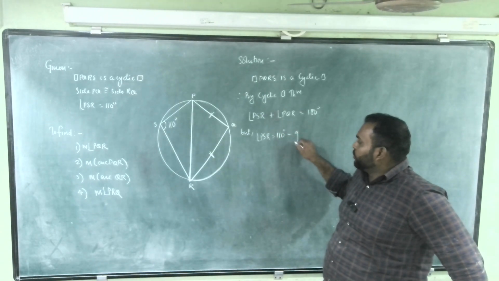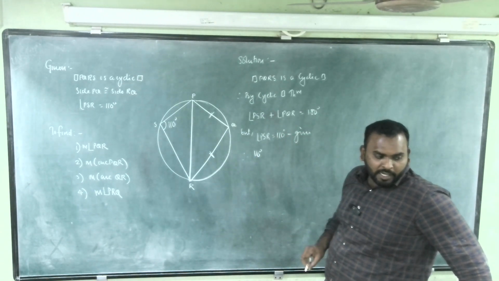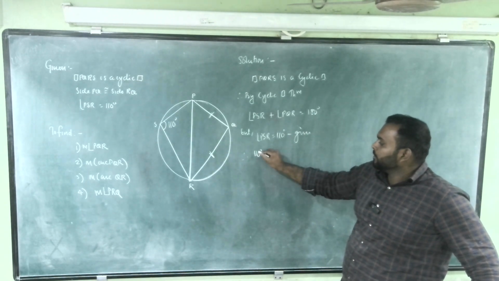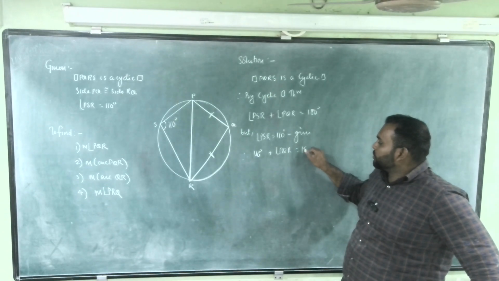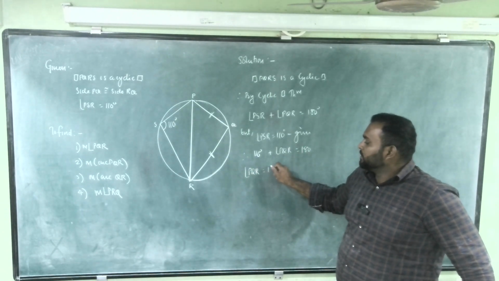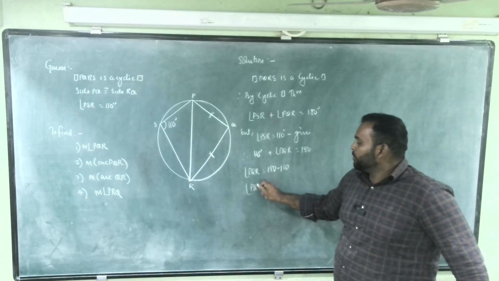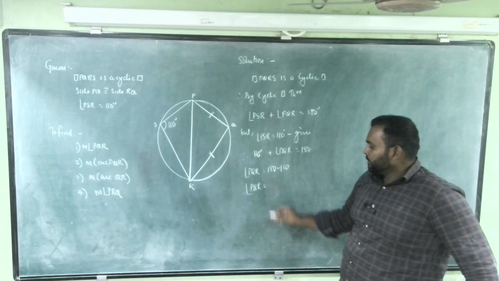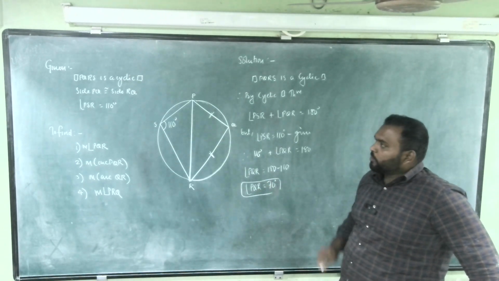This is given to you. तो तुम क्या करोगे? PSR के जगह पे 110 plus angle PQR is equal to 180. So angle PQR is equal to 70. You got this? तो PQR मिल गया.